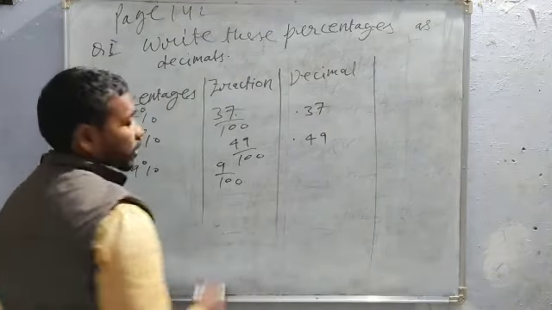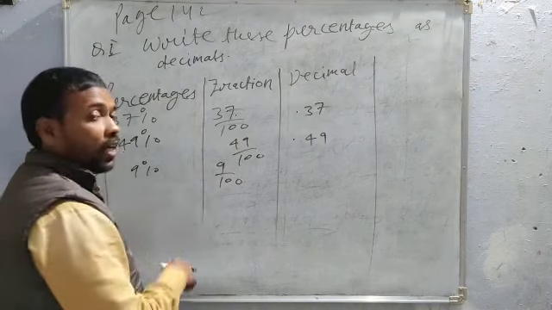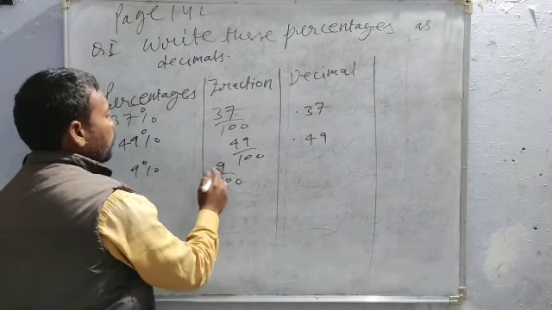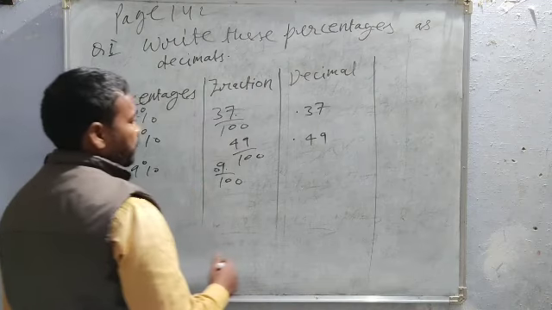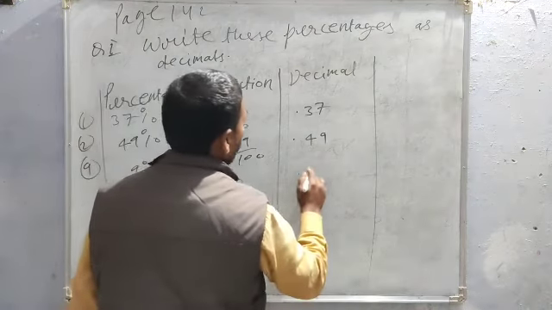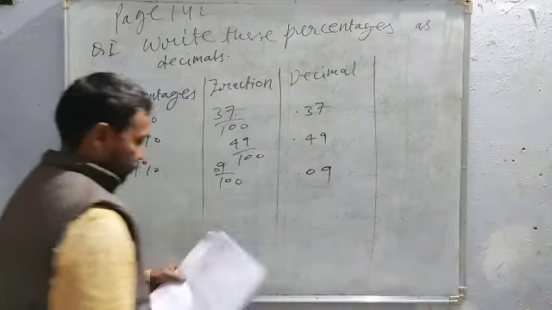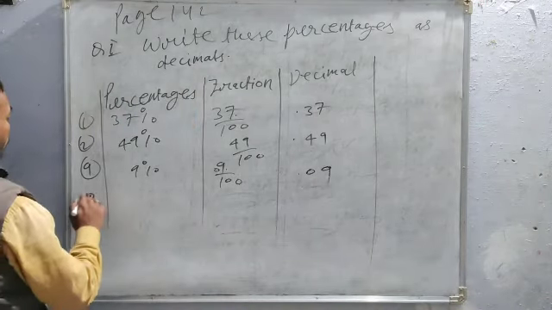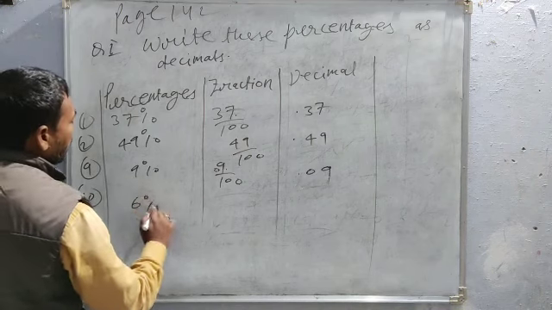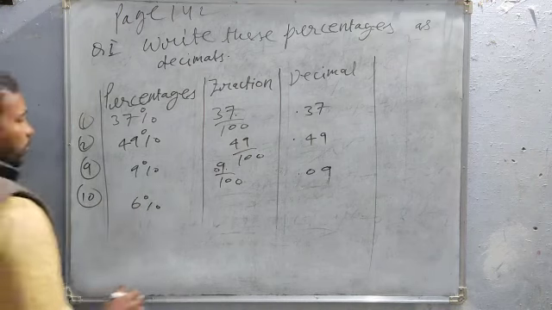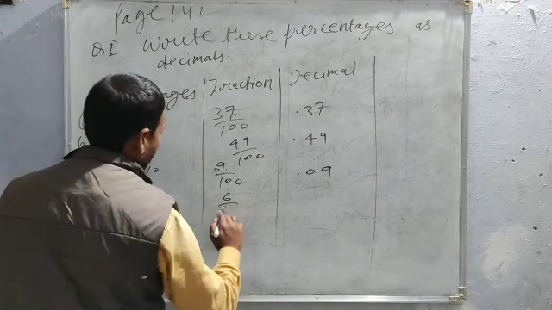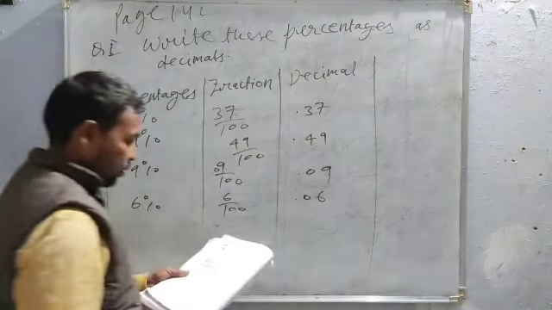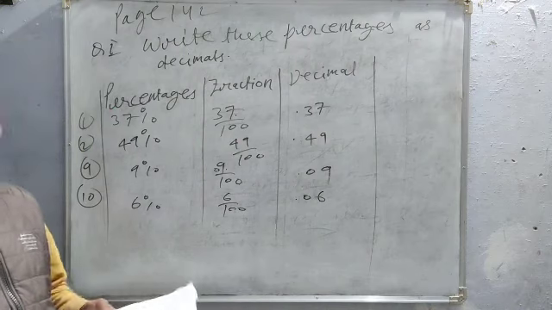See, here there is no decimal place, but after dividing by 100 there should be 2 decimal places. Here there is 1 digit, so you write 0 here, and the decimal moves 2 places to the left. It becomes 0.09. And the 10th, 6%. Just like the 9th one, 6 by 100, and this becomes 0.06. So you should complete the remaining yourself.